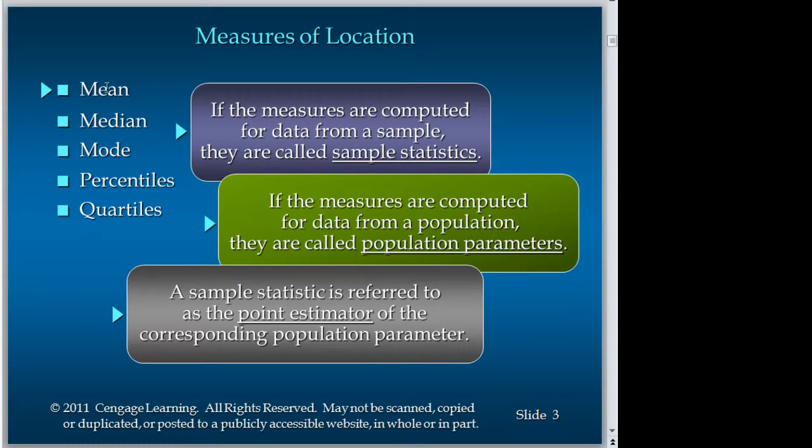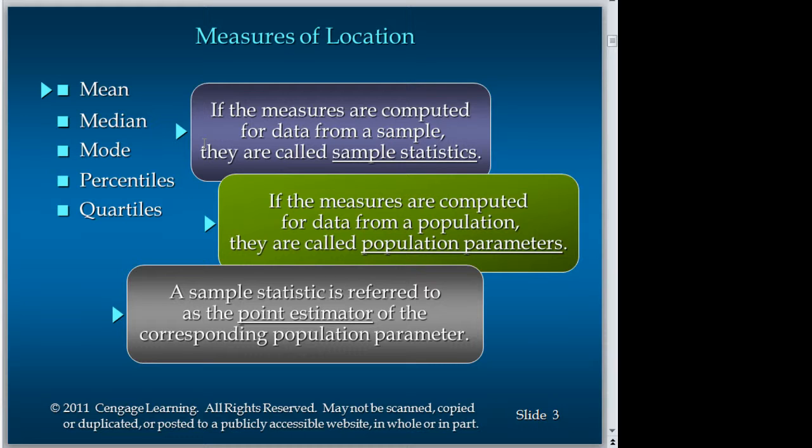Now these first three, mean, median, mode, describe the entire data set with a single number, and percentile is another measure that describes a location of data points, and quartile is also another measure that is used to describe the data set.